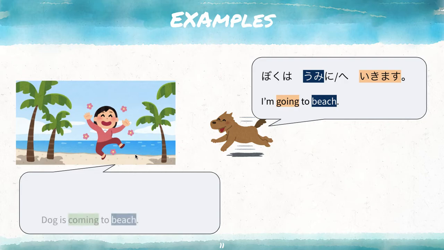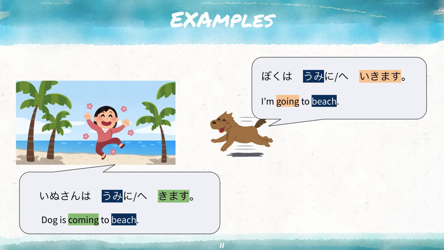If I wanted to say Mr. Dog is coming to the beach, I would say 犬さんは海に来ます。犬さんは海へ来ます。So depending on the perspective, 行きます and 来ます will shift over.